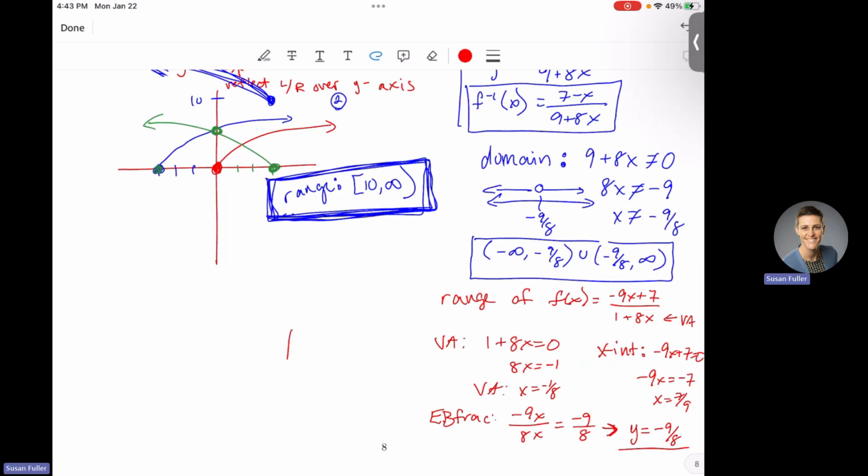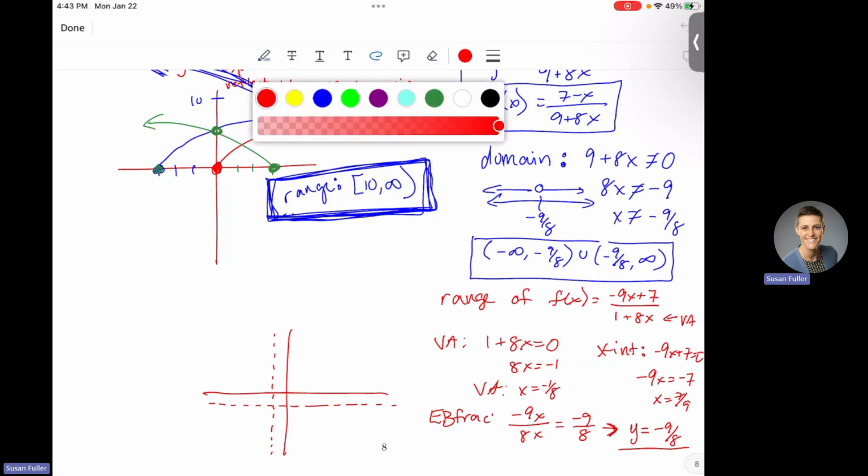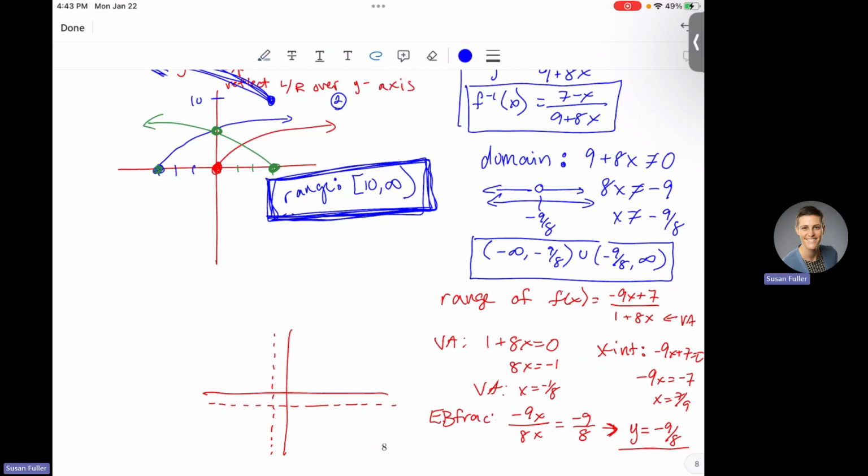So that means that my original function has a vertical asymptote at x equals negative 1/8, horizontal asymptote at y equals negative 9/8. And then I have an x-intercept at 7/9, which is right about here. And my function is going to do this.